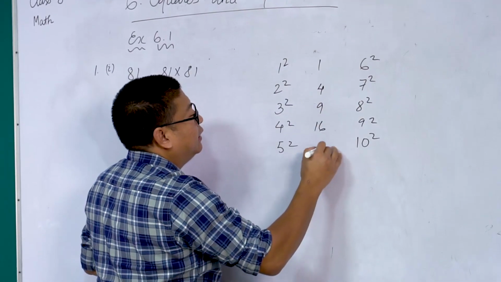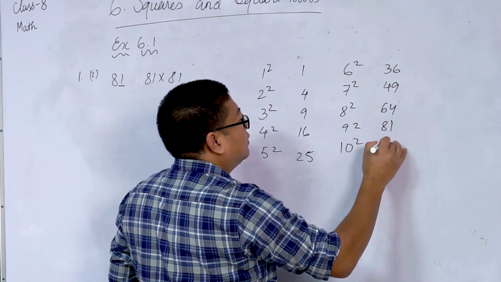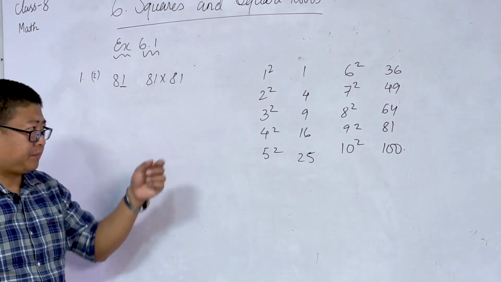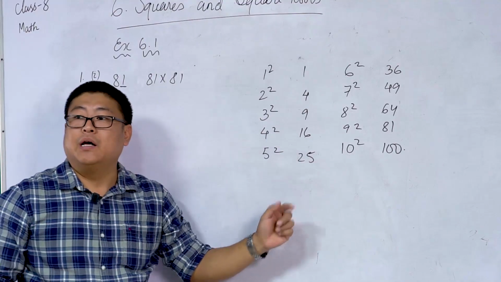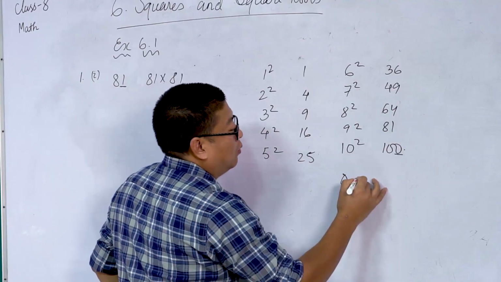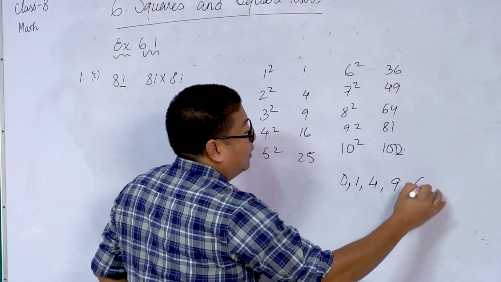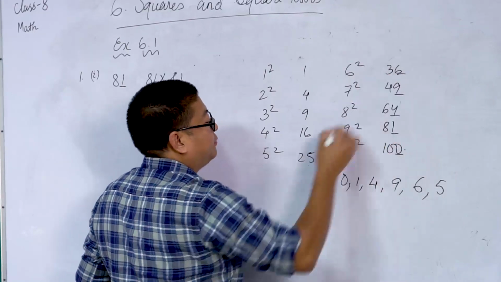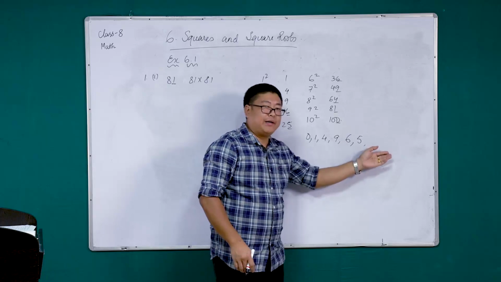Nine, 16. Now, if we look at these squares, we can see that the numbers are ending with 0, 1, 4, 9, 6, 5 in the unit place. 6, 9, 4, 1, they are repeating, so I'm not going to write it again.